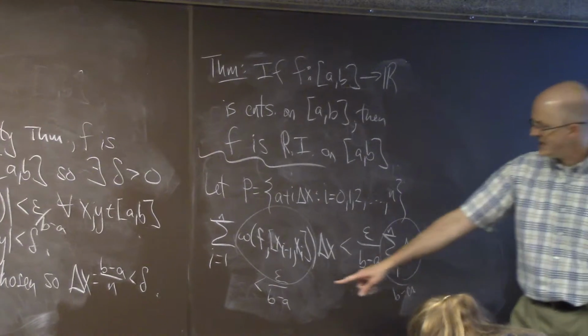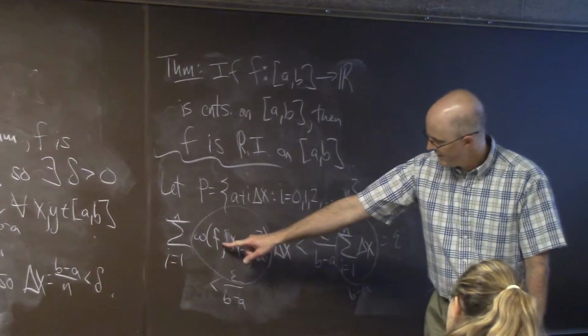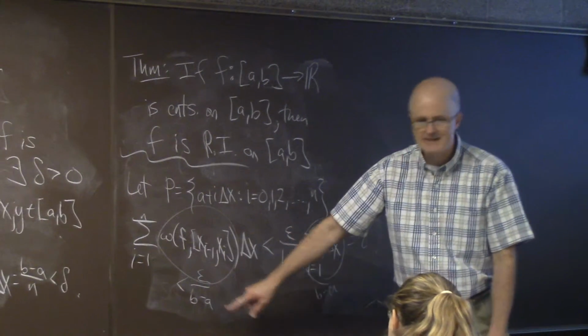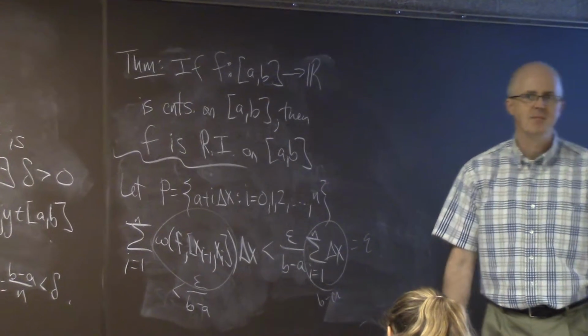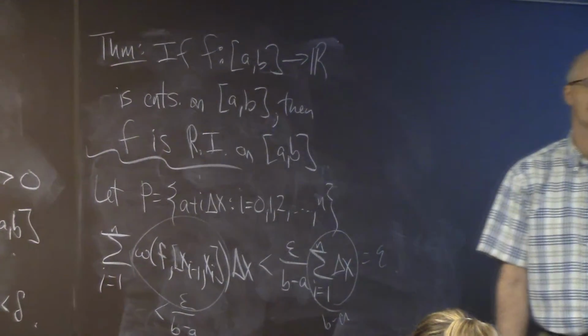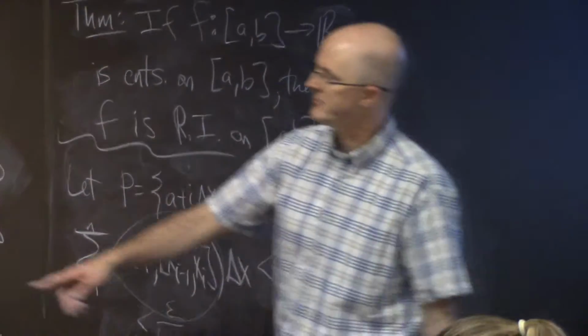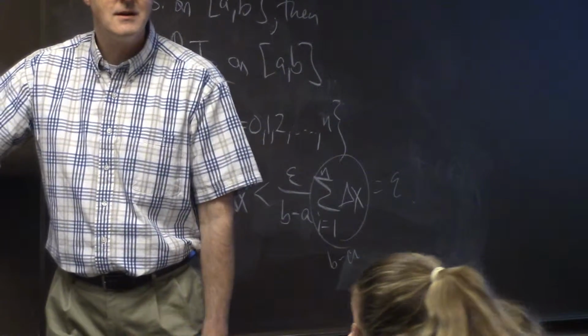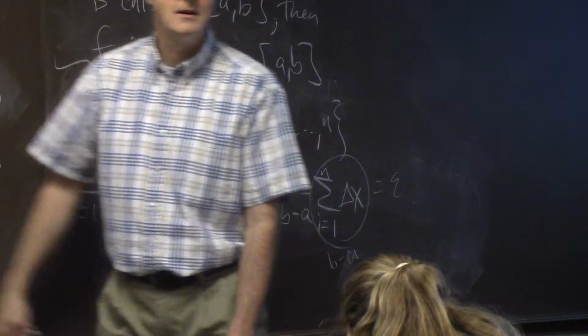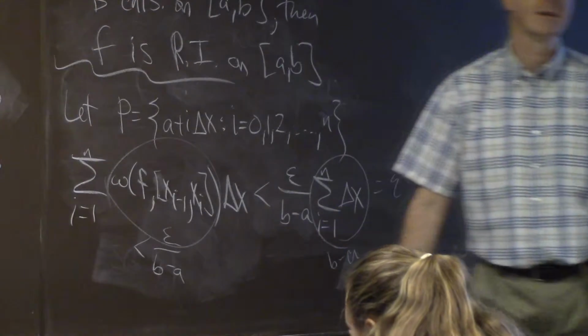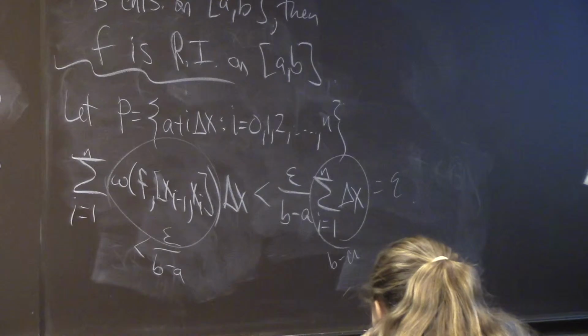Why is this a sketch and not a fully rigorous proof? Proving this is less than epsilon over b minus a does take a little work because of the fact that the oscillation is defined in terms of a sup and an inf. It's not really a difference of function values. You may not attain the sup and the inf.